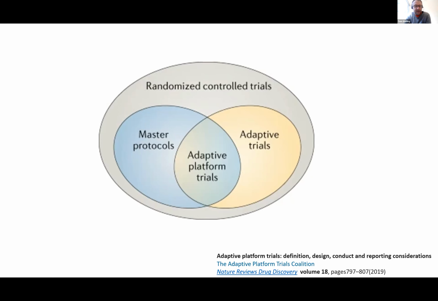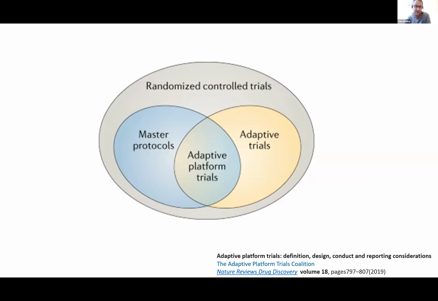The idea here is that rather than continuing to set up clinical trials as standalone experiments, we should have a more organized and coordinated approach where, if we've got a particular clinical problem, clinical disease or an indication, rather than set up multiple clinical trials for each candidate drug, we should have a standardized protocol and a standardized approach to evaluating those drug candidates.